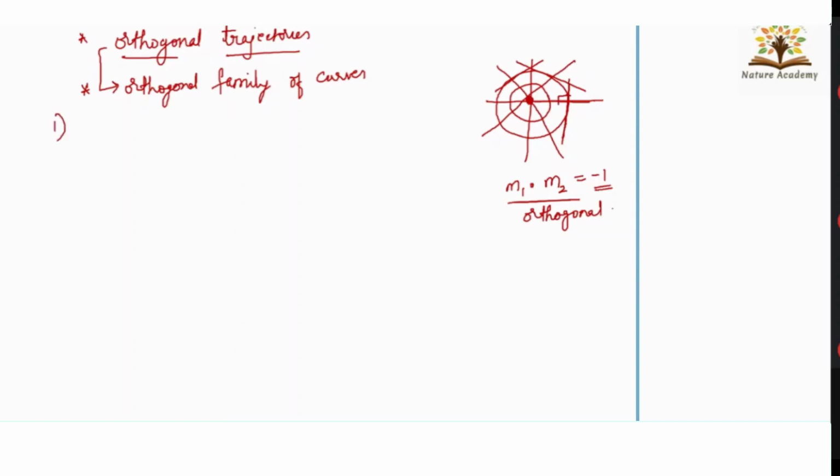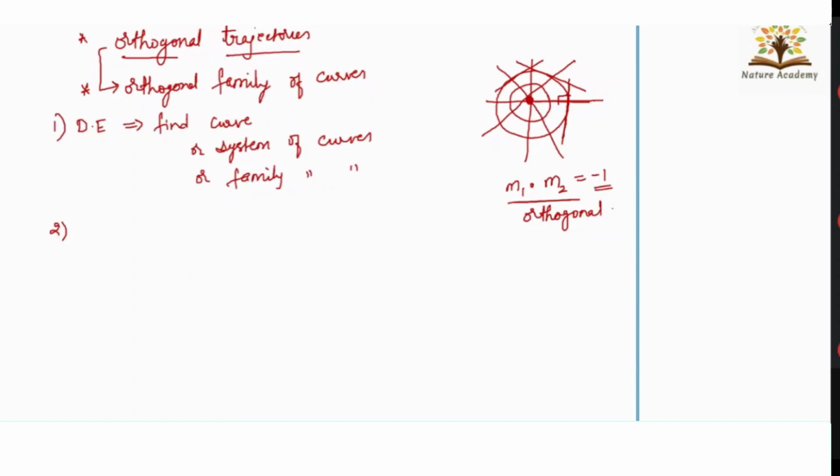First type, how they will ask: they will give you one differential equation and you have to find a curve, or system of curves maybe. Or they can ask for a family of curves. So based on the differential equation, they can ask you any of these. And the second type of question is, they will give you the curve equation.